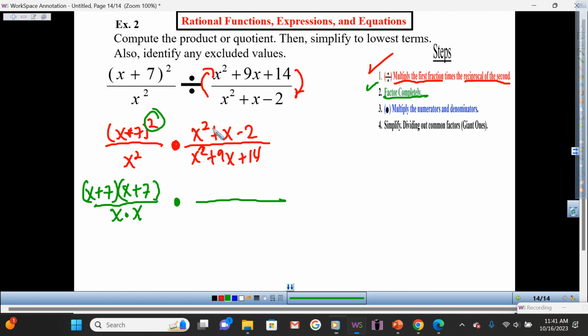Go to the second one. How do we factor the numerator? What two numbers multiply to give me negative 2 that when you add them give us positive 1? Tell your neighbor. What are those two numbers?